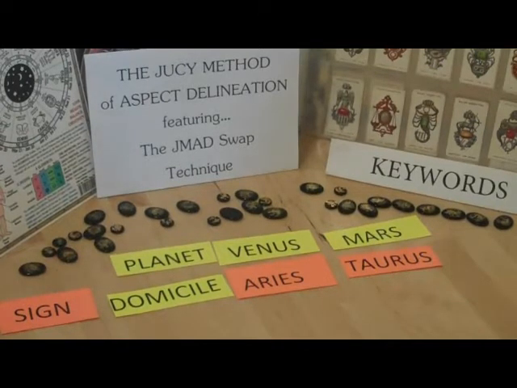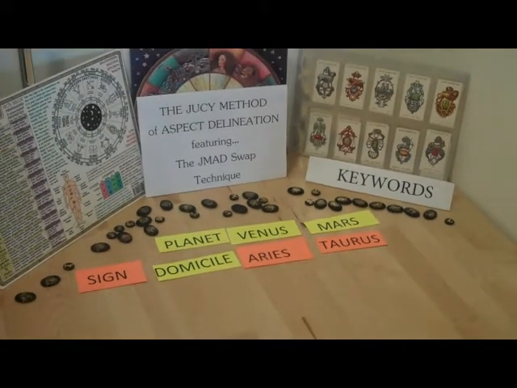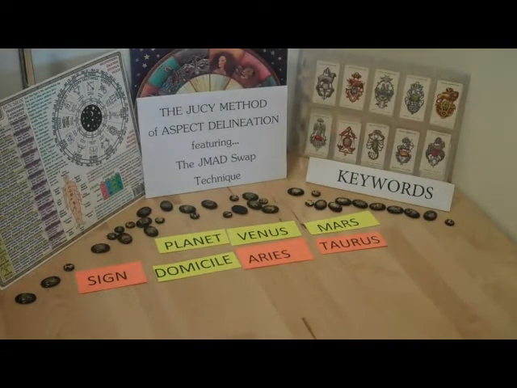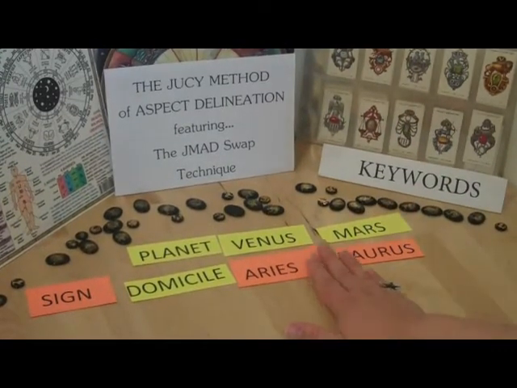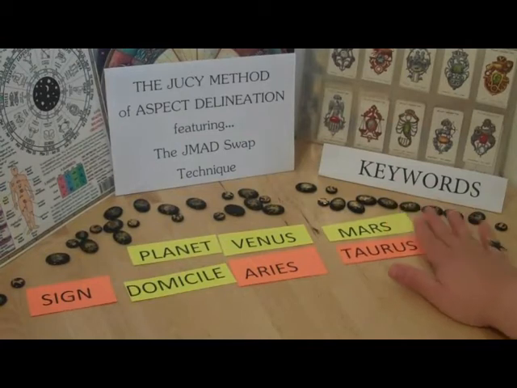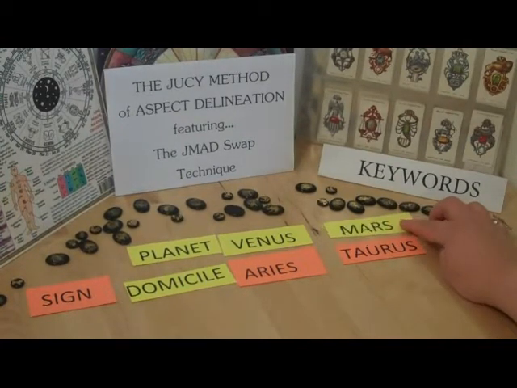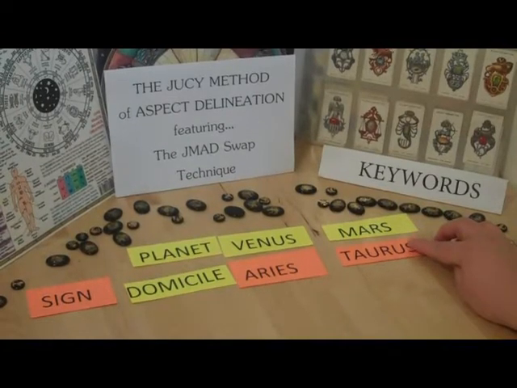And for the purposes of this video, we're going to use neutral or basic keywords for the JMAD swap technique. However, there's other ways of doing it as well. So for Venus, we see Aries, and a keyword to pull for Venus again is love. And for Aries, we're going to pull hot. And looking at the Mars-Taurus combo, we'll use action for Mars, and the keyword for Taurus, sensual.